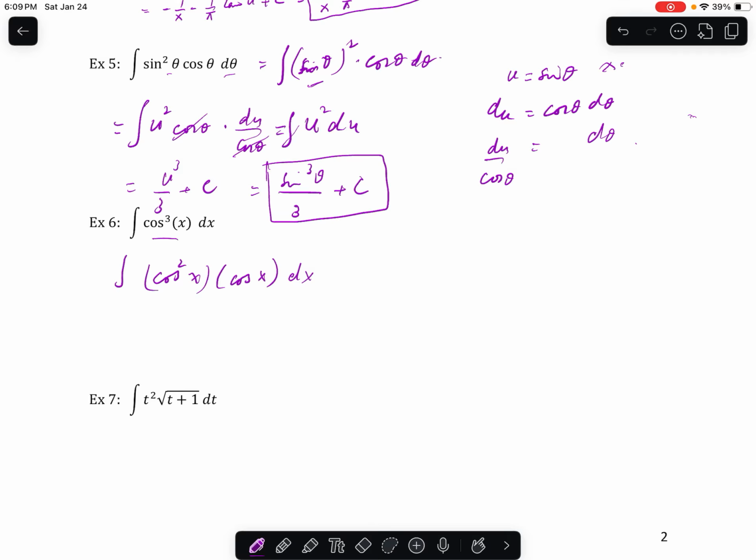So the u I have to take is the quantity whose derivative is present, and most often or usually u is inside a function. So again, writing this cosine square x as cosine of x whole squared times cosine x. Well, okay, will this help? Let's see. Will this help?